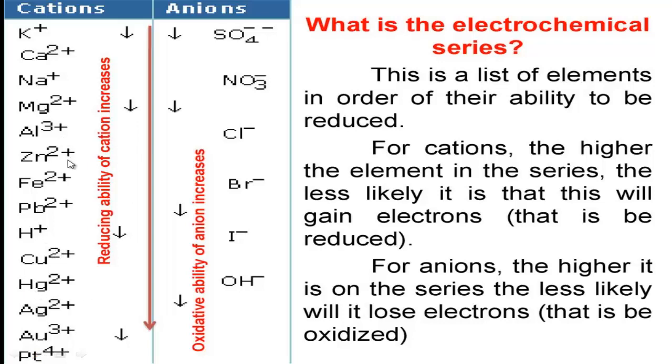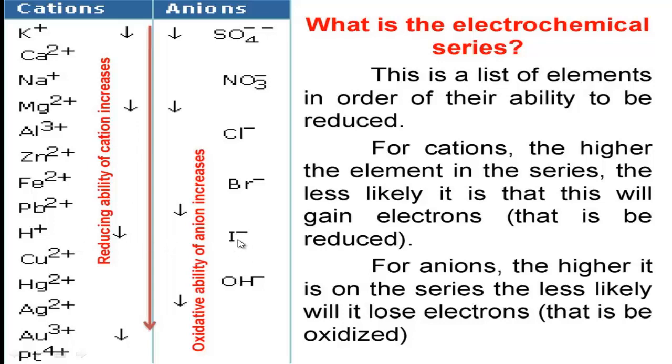That means those whose position is lower have an increased tendency toward reduction, accepting electrons. And similarly, in the electrochemical series of anions, those whose position is lower have more tendency to release electrons. I hope you understand.